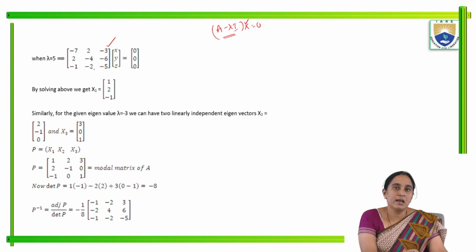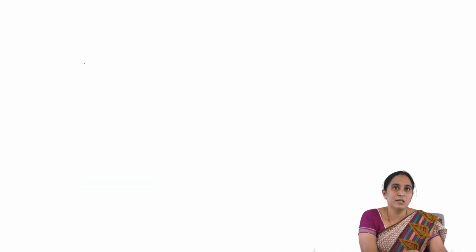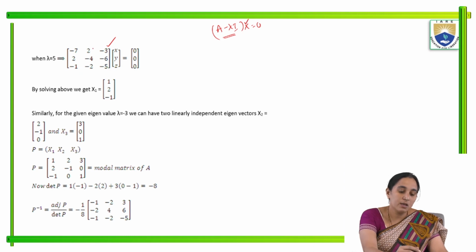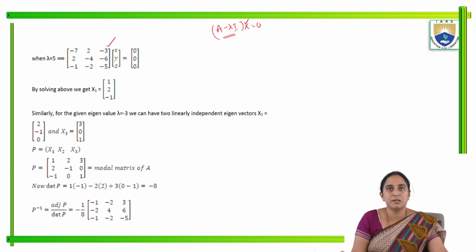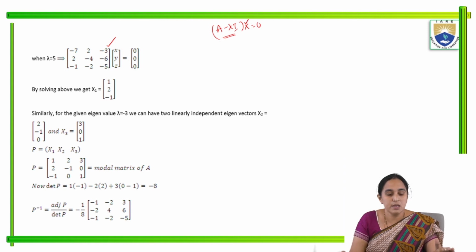For reducing to echelon form, we only have to apply row operations and reduce the matrix to upper triangular. We already discussed this topic in the first module, echelon form and normal form. Here I am applying the row operations to reduce the matrix to echelon form.